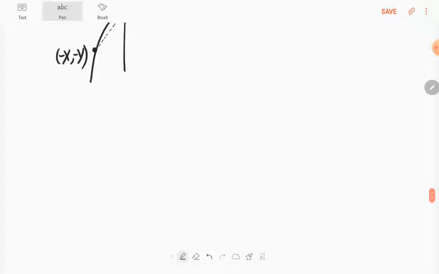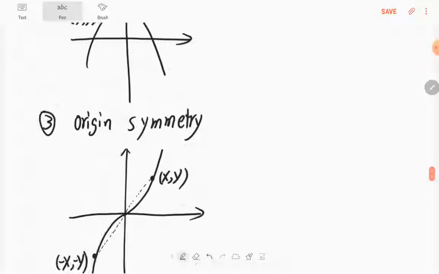So how to test? We're using the idea from the graph. Test for symmetry. How to test?